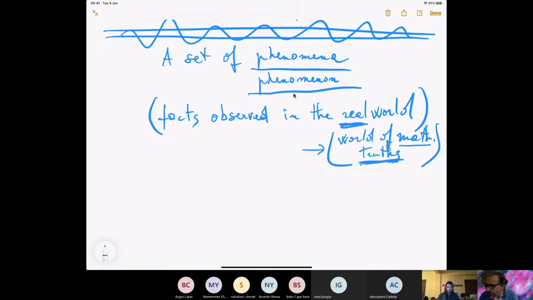Now, I stop talking about these things quickly, because otherwise we could go too far, because one could tell me what it means existing in the real world.